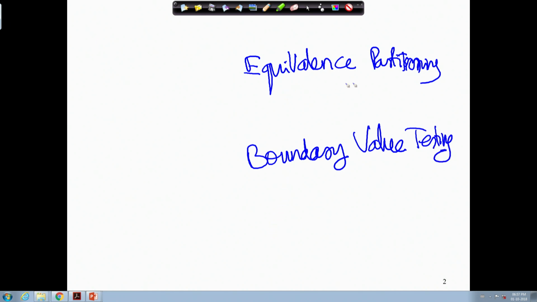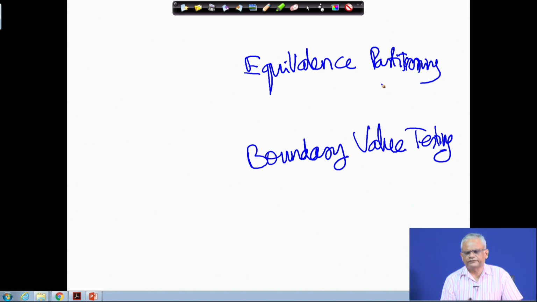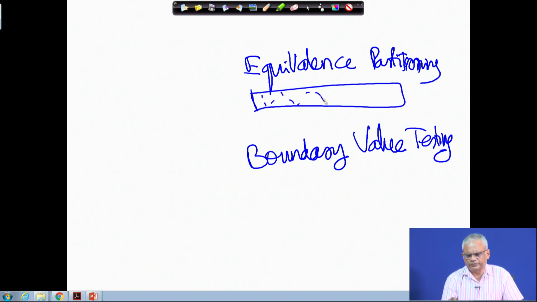In equivalence partitioning we said that look at the data, input data, output data, and find the classes of data for which the software behaves similarly. So, if this is the total amount of data that is to be input, we look at the behavior, that is in terms of the output, and we define equivalence classes.